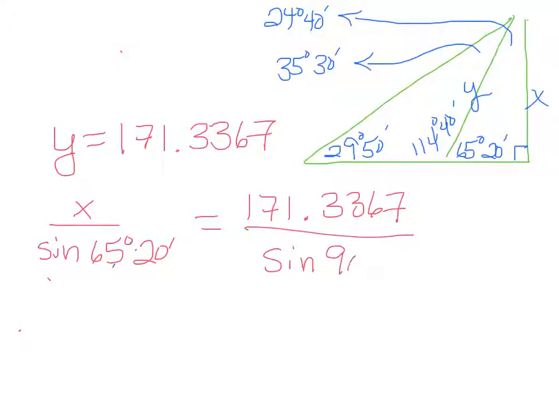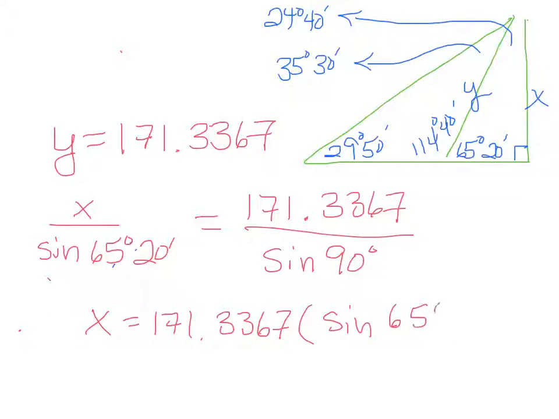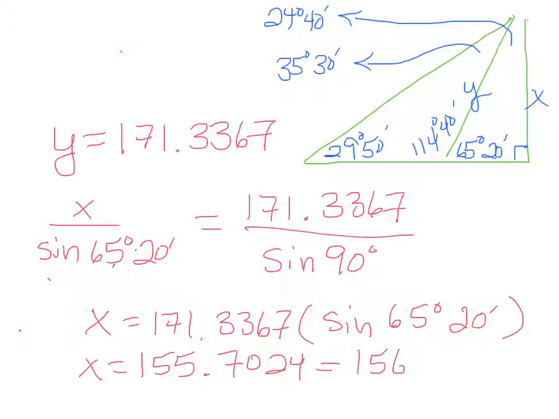If you remember, the sine of 90 is 1. So when we cross-multiply, x times the sine of 90 is just x. So x is just 171.3367 multiplied by the sine of 65 degrees 20 minutes. Throw that into your calculator and you should end up with 155.7024, and the answer asked to round to the nearest foot, so that would be 156 feet. Okay, there you go.